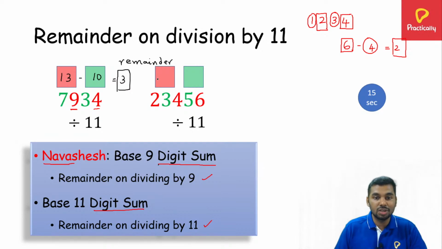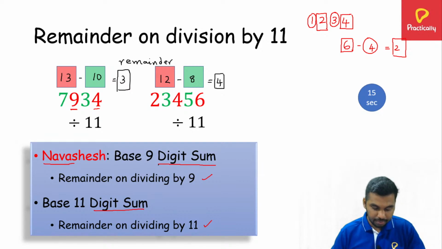Yes, Sridevi says it is 12, which is in fact for the red, it is correct. 6 plus 4 is 10. 10 plus 2 is 12. Exactly. What is the number that is going to come in green? Green is going to be 8. Very nice. So if I subtract these two, 12 minus 8 is going to be 4. That is the remainder that I'm going to get when I divide by 11.